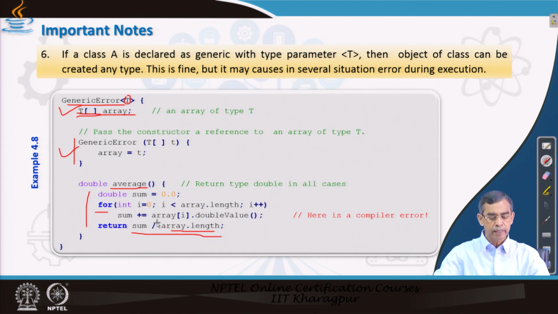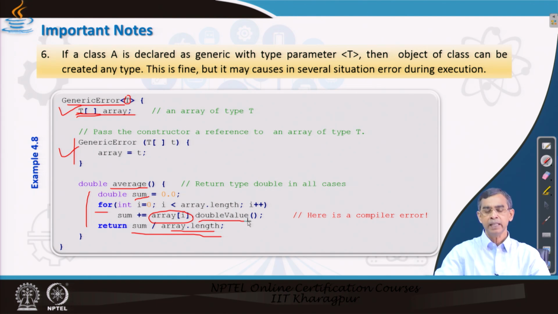Now, here you see the ith element stored in the array is stored as an object, because T is an object. From this object representation, if we want to calculate the average, the value should be converted into either integer, double or float, so it is basically a double value.